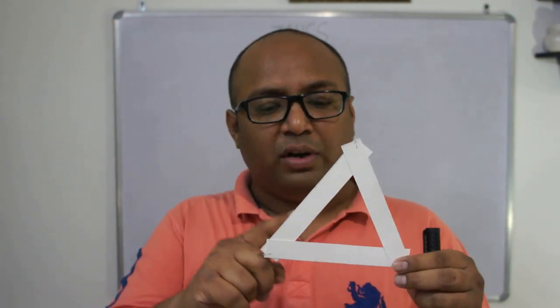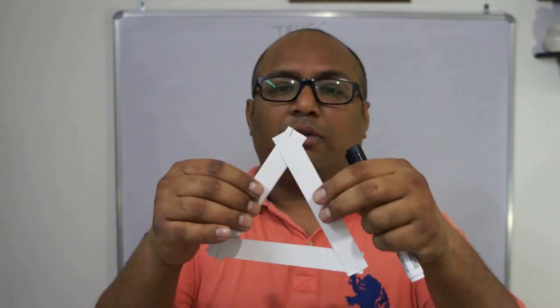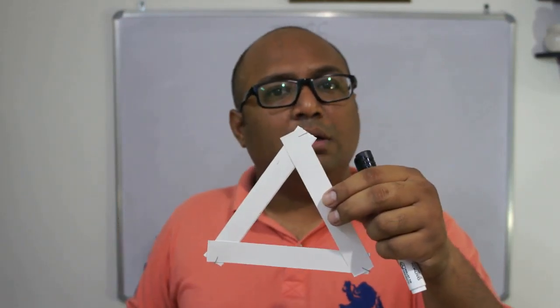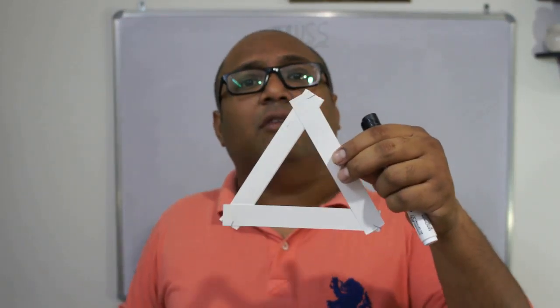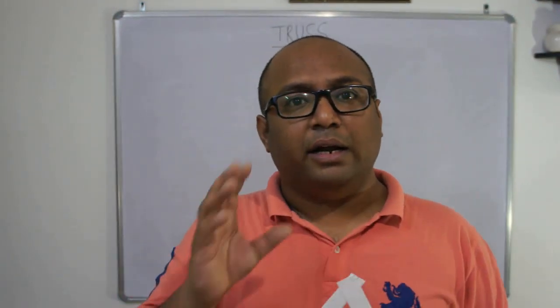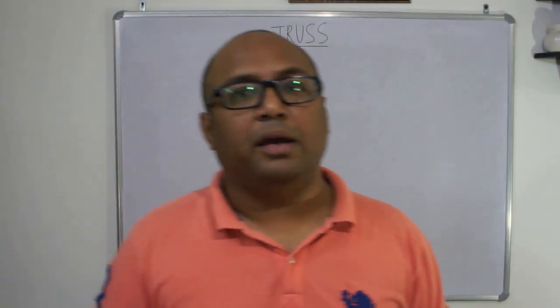Are they independent to move relative to each other? You can make a triangle structure of your own, and you can observe that they are not capable of any relative motion. So what does it mean? It means that a truss is a completely constrained structure.